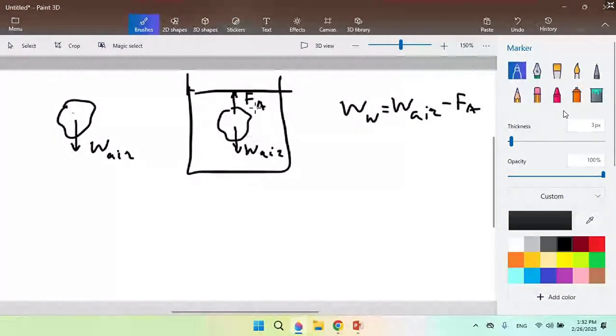Since the weight is reduced by the Archimedes force, as it is directed upward, when it is measured under water, not its pure weight is given, but the weight diminished by the Archimedes force. So thus we can rearrange this. The weight of the object in air minus its weight in water would be exactly equal to the Archimedes force. So thus, in this way, Archimedes force can be found and calculated.